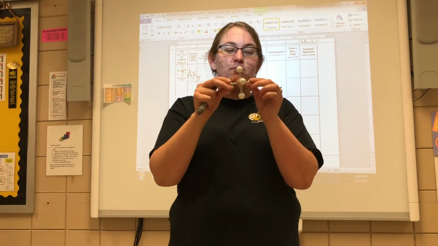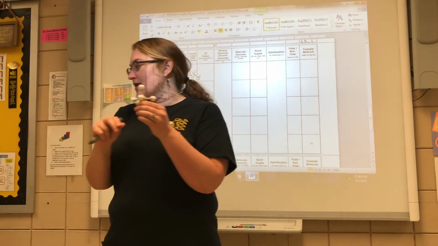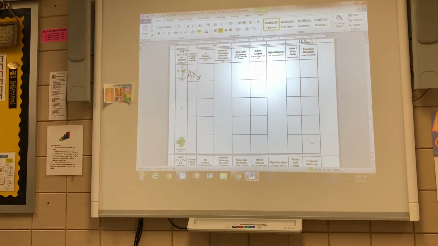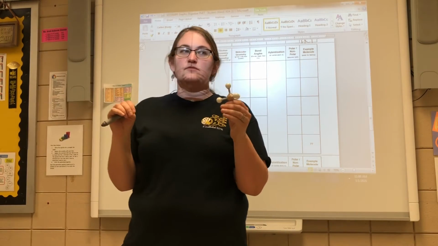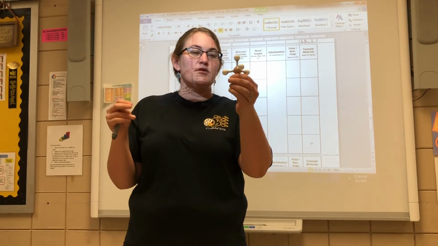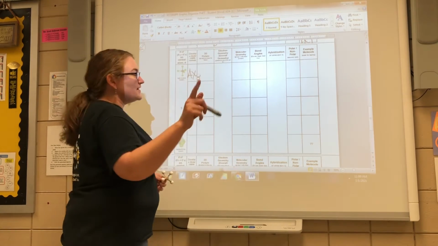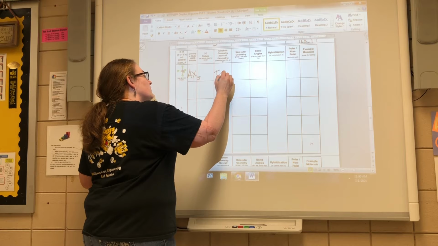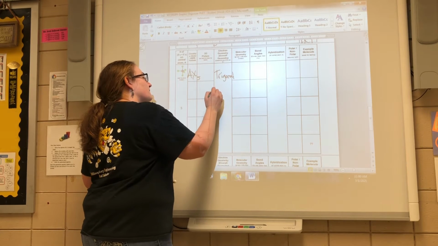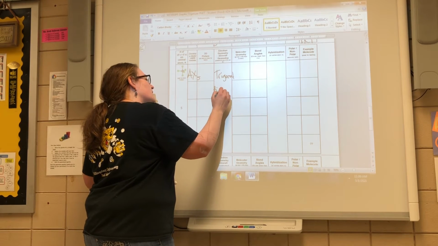So it's a bipyramidal. And what kind of shape is a pyramid? Like what kind of shapes put together is it? 3D, obviously. A what? A triangle. So we're going to reflect that tri in here. We're going to say it is a trigonal bipyramidal.